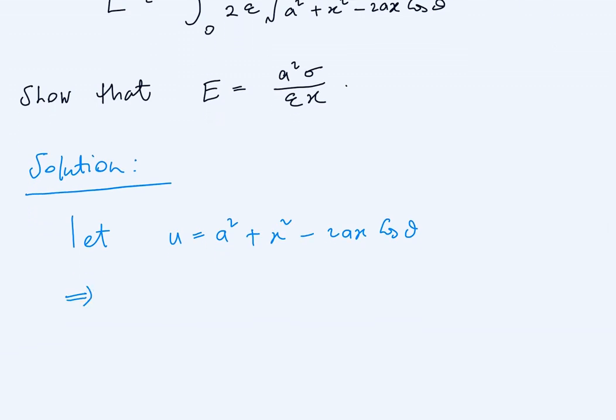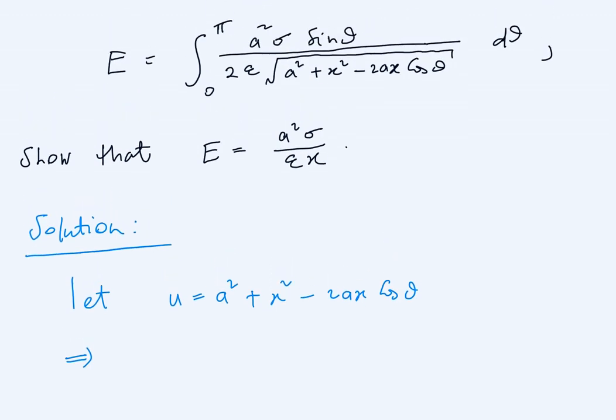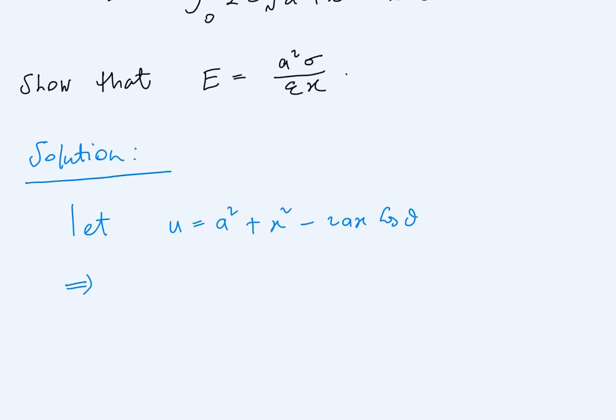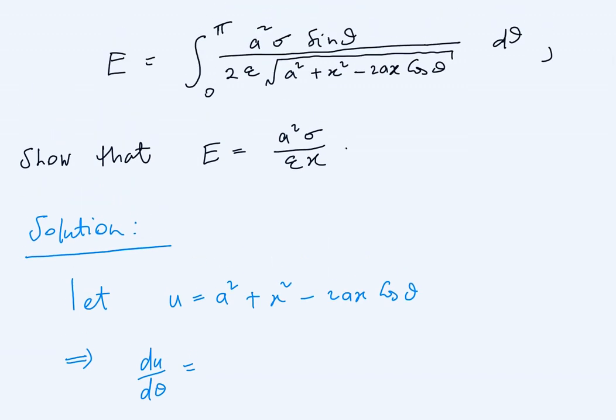Now we go ahead and differentiate u with respect to theta, and we're going to write our integral of E in terms of u. So first, we have to differentiate u with respect to theta. Another thing we have to note: a squared, sigma, epsilon, as well as x are all constants in this integral.